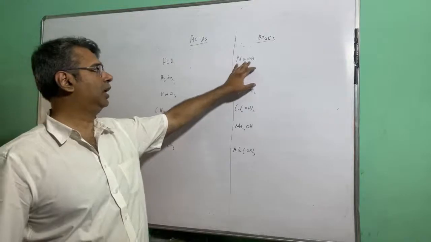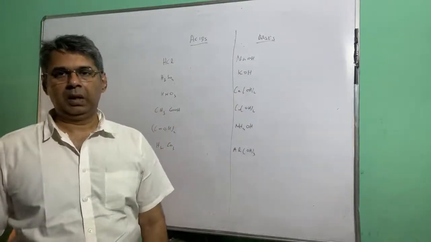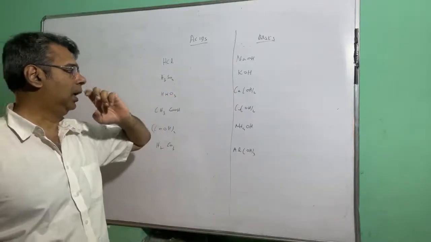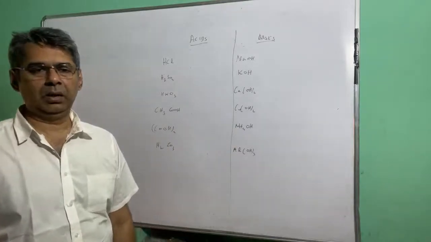On the right you have 6 bases. This is sodium hydroxide, this is potassium hydroxide, and this is ammonium hydroxide.